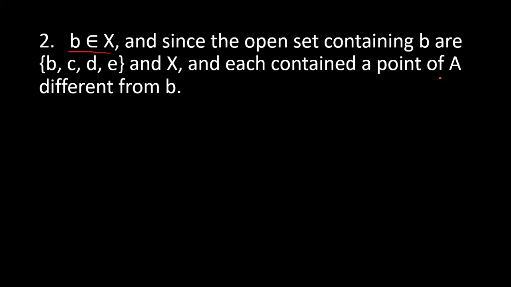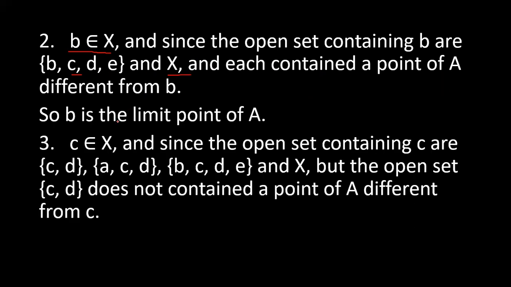The points of A are a, b, c, and a and c are contained in this set, and a and c are contained in the other set. That is, the set G minus P intersection with A is non-empty, so b is an accumulation point.